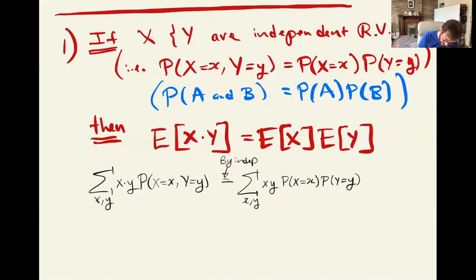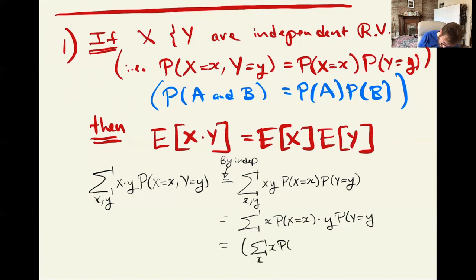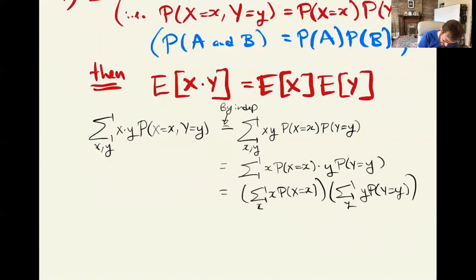But if you think carefully about it, you can just cluster these terms, turn it into sum of little x, probability of X equaling little x, times y times probability of Y equaling little y. And then you can just separate these out as two separate sums. And then probability of Y equal little y. And this is exactly expectation of X. And this is exactly expectation of Y.